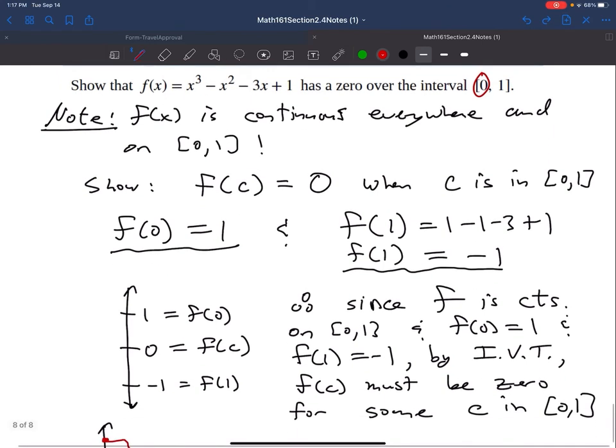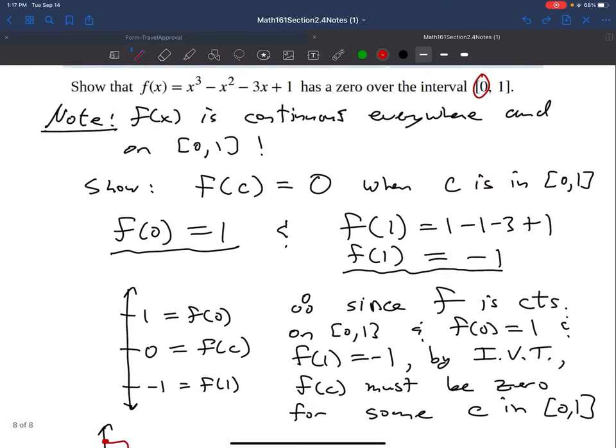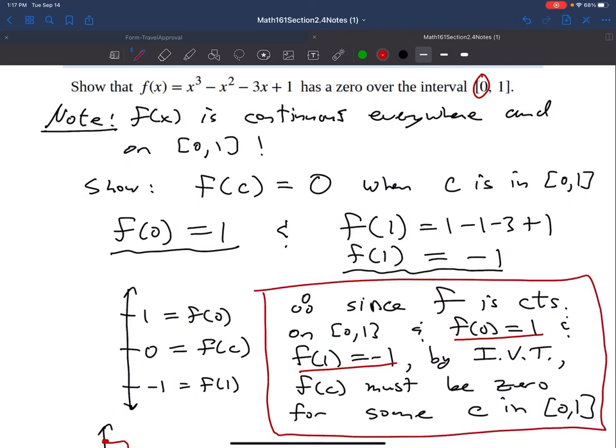Then I just state that: therefore, since f is continuous on 0, 1, and I know that one value is above 0 and one value is below 0, the intermediate value theorem guarantees that there's got to be somewhere that it equals 0 in that interval. So this is how you'd actually write out formally what you found after you showed your work, as I have done here.